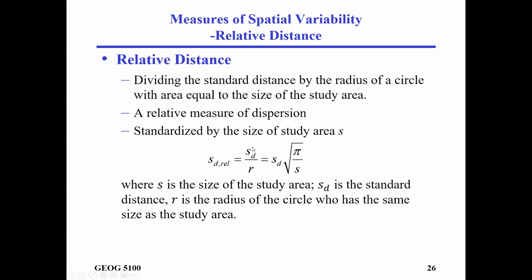So you need to calculate the standard distance first and then find out that R based on the size of your study area. Where S is the size of the study area, not standard deviation, SD is the standard distance, and R is the radius of the circle that has the same size as the study area.